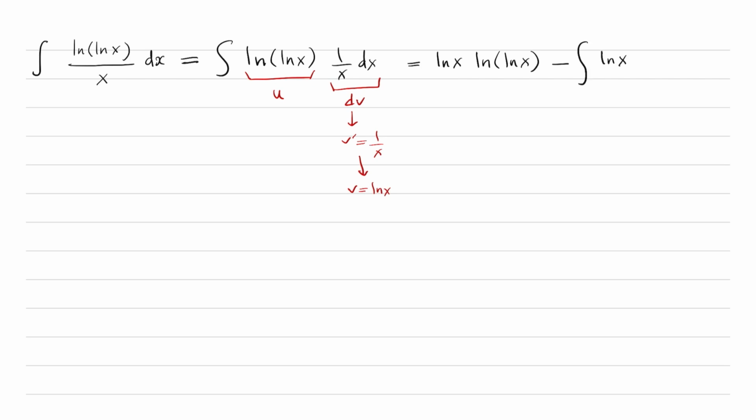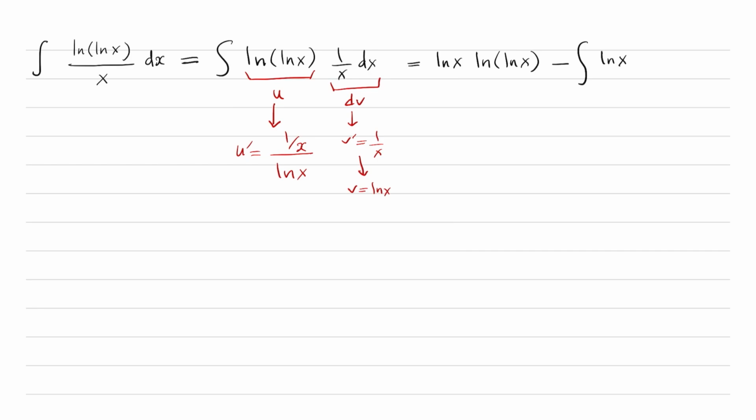What is du? Well, du is just u prime dx. What is u prime? U prime is the derivative of ln of x. Well, the derivative of the outer ln is 1 over whatever is inside it, so that's 1 over ln of x, and the derivative of the ln inside is 1 over x.